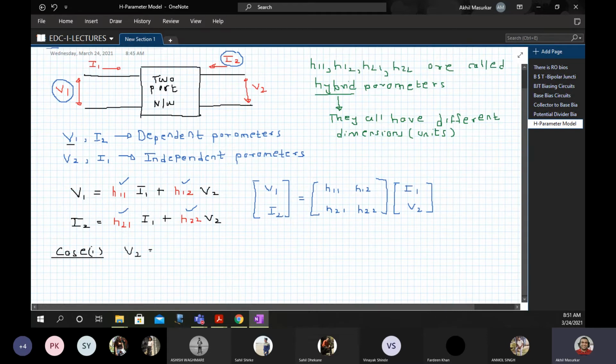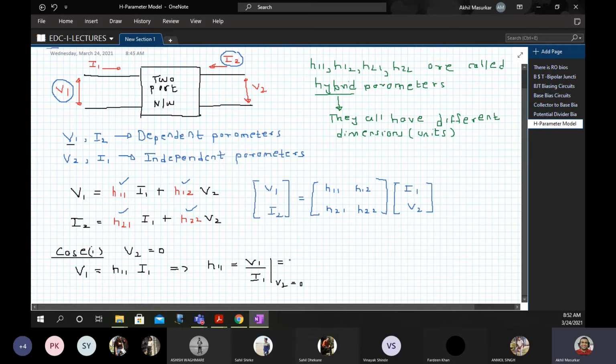If V2 is equal to 0, so we have two independent parameters, I1 and V2. So let us first say, what if V2 becomes 0? Then V1 will be H11 I1, which implies that H11 will be equal to V1 upon I1, when V2 equals 0.